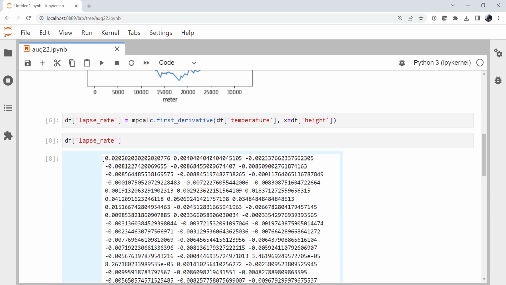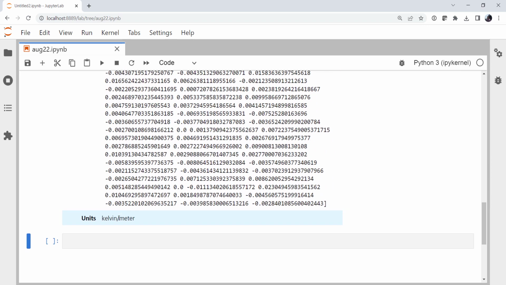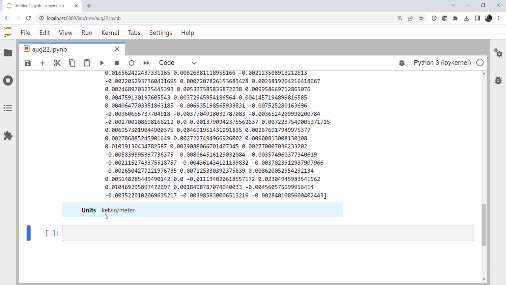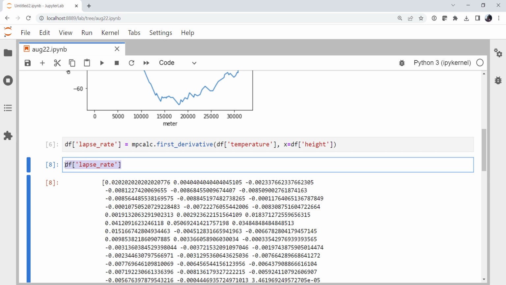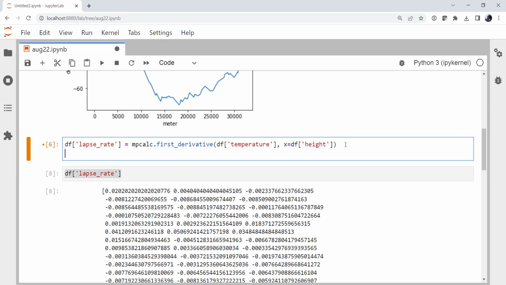So let's see what we get just by calling the first derivative. We see we've got some very small values, and if we go look, Kelvin per meter is our unit, which is not really what we want. So in this case, I'm going to do some reassigning and some unit conversion. We can call the .to method.